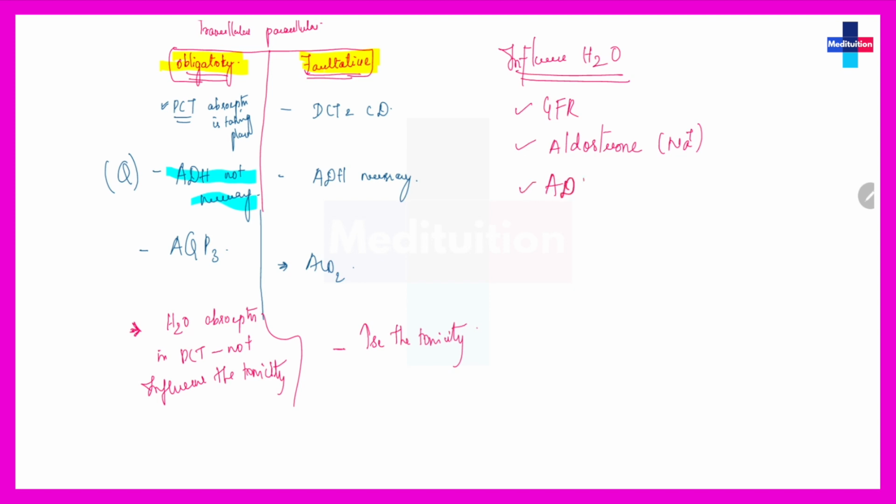Your ADH can influence H2O, and sometimes angiotensin 2 can influence H2O. Diuretics can also influence H2O. So this is what influences H2O when we are speaking about regulation of H2O.